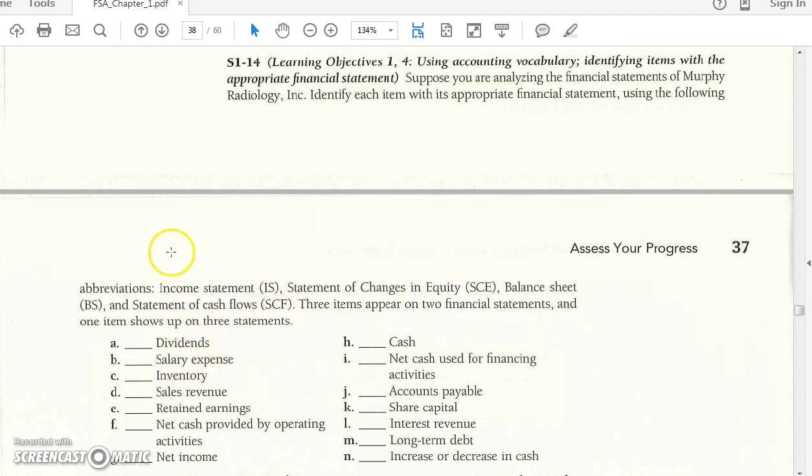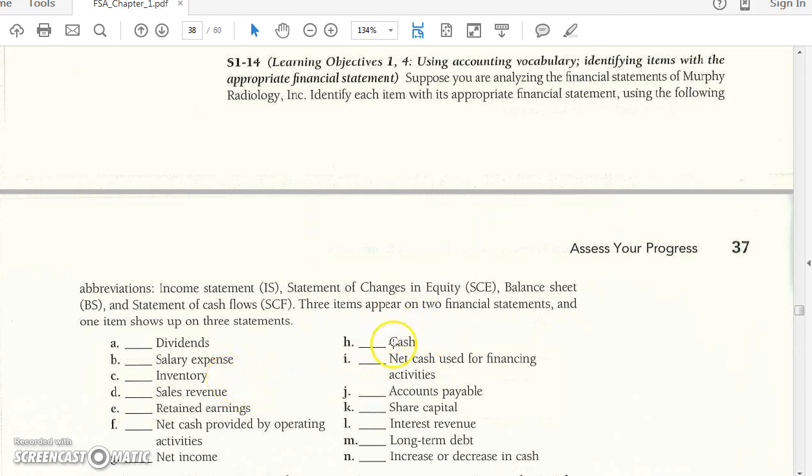Salary expense. Remember, revenue minus expenses equals net income or profit. And there we are, salary expense. Do we have any other expenses here? No, not right now. Inventory. Inventory shows up under the balance sheet. It is an asset item. What else are asset items here?